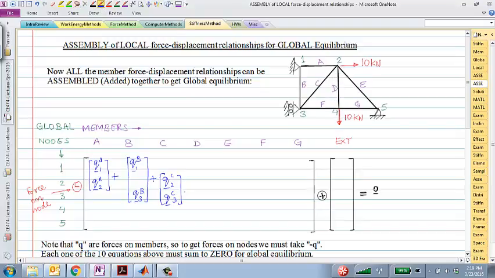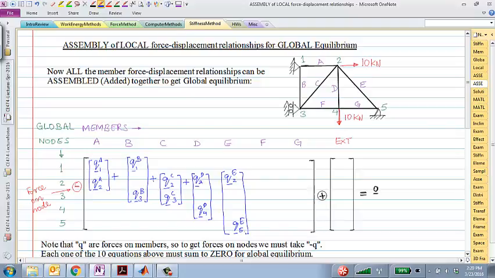So we have plus QD2 and QD4. E is connected to 2 and 5. So we have QE2 and QE5.